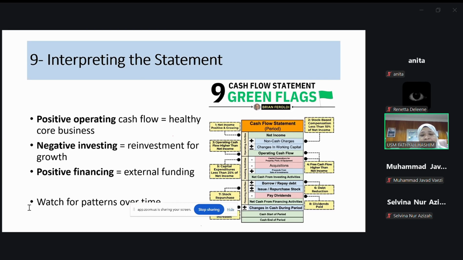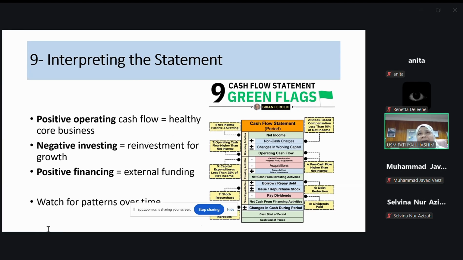So in general, if you look at the cash flow statement, we look at the bottom of the cash flow statement. If there is an increase, or at least a positive cash flow, where it shows that the cash coming into the company for that particular year is greater than the cash going out, it is actually showing that the company is healthy.